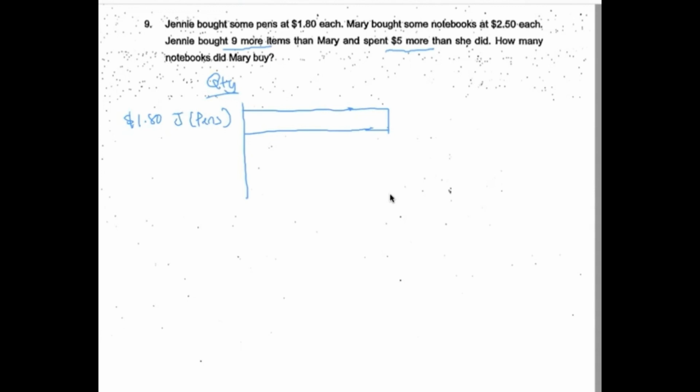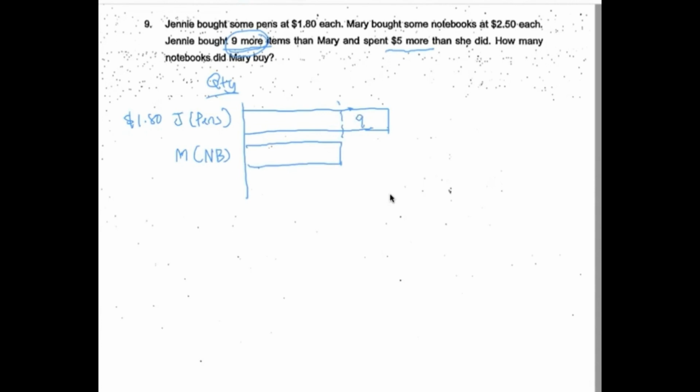That is Mary. And we know that Jenny bought 9 more than Mary, so make sure my Mary is shorter than Jenny by 9. So this is quantity.